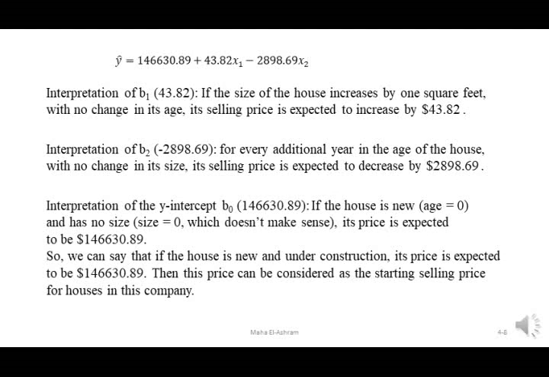Now let's talk about our case. So we can say here that if the house is new, correct? Because the age is 0, it's new, okay? It's in the plan, in the process of being built, for example, and it has no size, which is size equal to 0, which basically doesn't make sense, of course.